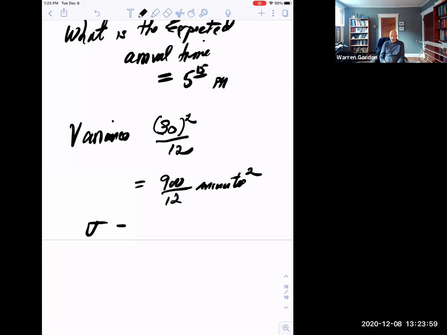So the standard deviation would be 30 over the square root of 12 minutes. If you wanted to know the actual time, well, this is just a variance, some number in minutes. Okay, Hanan?